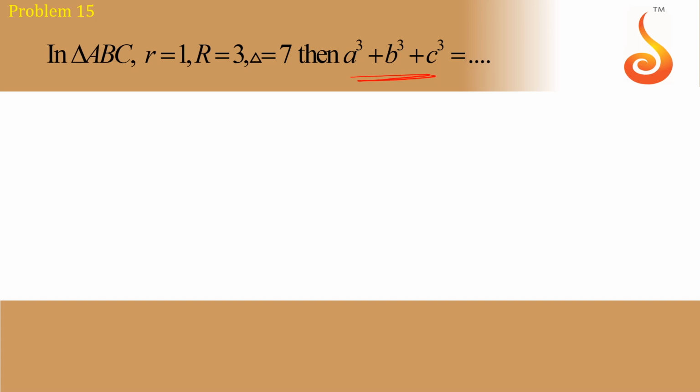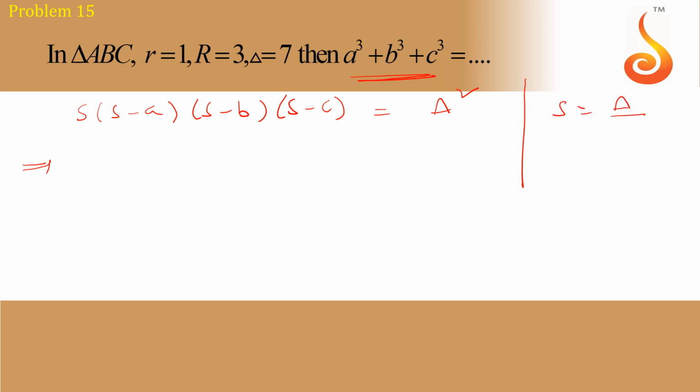Actually, s into s minus a into s minus b into s minus c is delta square. So here s is nothing but delta by small r, which is 7.